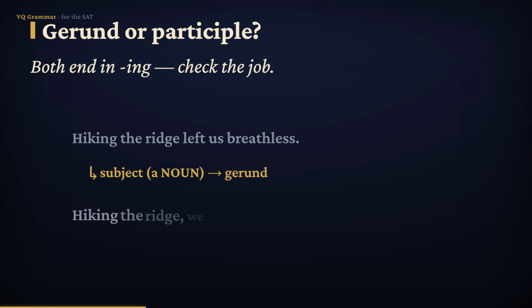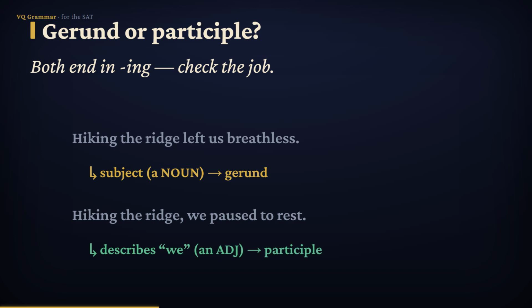But: Hiking the ridge, we paused to rest. Here, the same words describe we, telling which hikers, an adjective's job, so it's a participle. Same -ing words, different role. The test: if it acts as a noun, it's a gerund. If it acts as an adjective, it's a participle.